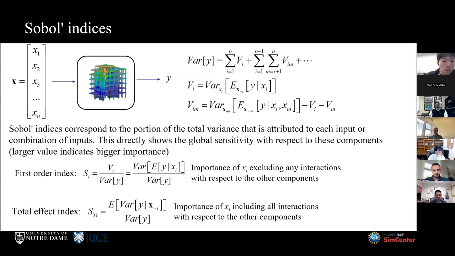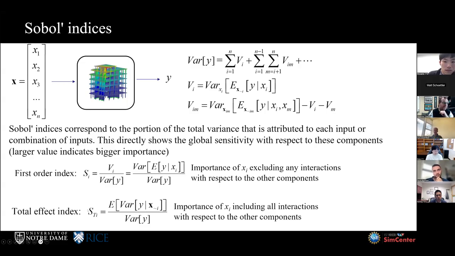Beyond that, you can have the total effect indices. The total effect indices are a little bit weirder: rather than being the variance of the conditional expectation, it's the expectation of the conditional variance. This is why we call them total effects. It's still the importance of x_i, but it includes all the interactions. So the first order index is the importance of x_i excluding the interactions, while this is the importance of x_i including all the interactions.